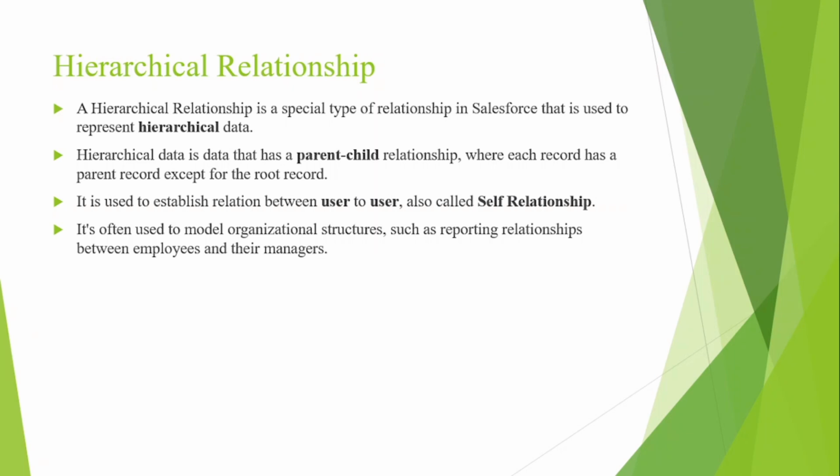This is data that has a parent child relationship where each record has a parent record except for the root record. It is used to establish a relation between user to user. Also we are calling this a self relationship. It's often used to model organizational structure such as reporting relationships between employees and their managers.